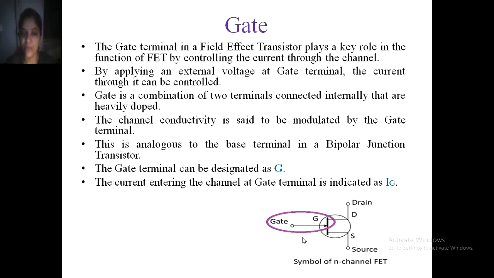The gate is a combination of two terminals connected internally that are heavily doped. The channel conductivity is modulated by the gate terminal. This is analogous to the base terminal in a BJT. The gate terminal is designated as G, and the current at the gate terminal is indicated as IG.